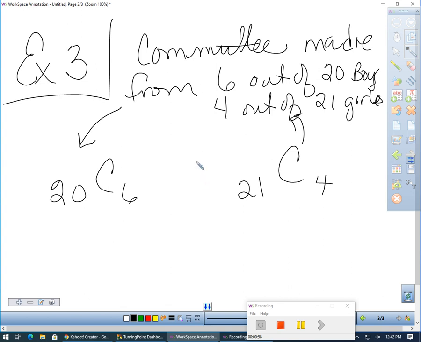Plus. Plus, there we go. We're going to add them together, the combinations of this one plus the combinations of this one. You can type it into your calculator just like that, or get the first one, then the second one, and then add them. It's totally your call. Or you can use the formula. So in this one, let's see if we can all calculate that one.